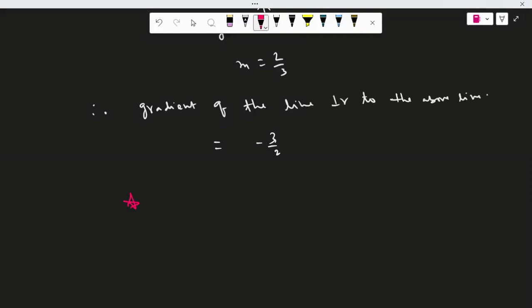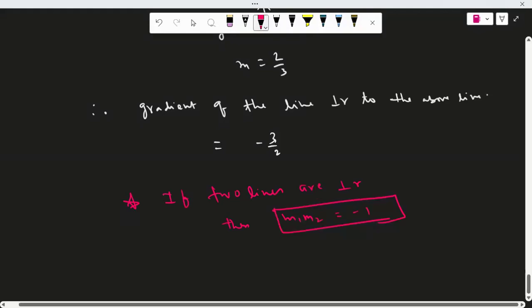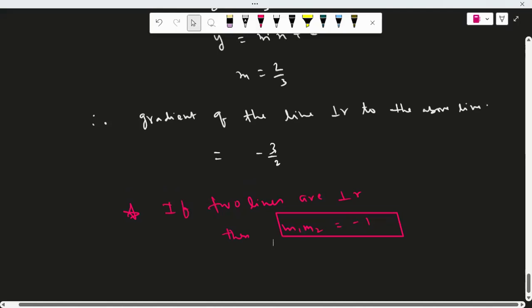If two lines are perpendicular, then the product of their gradients is negative 1.